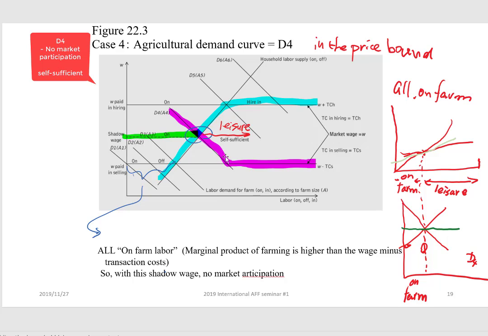This household labor demand is obtained as derived demand for the household labor. So at this intersection, this shadow price, the shadow wage rate, is found.